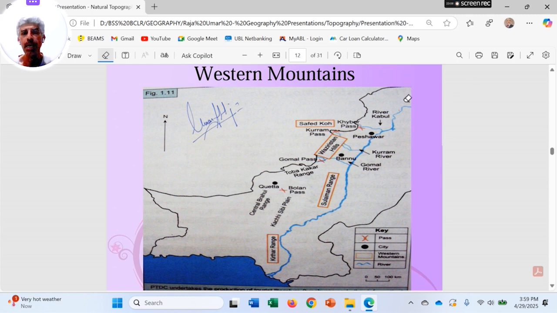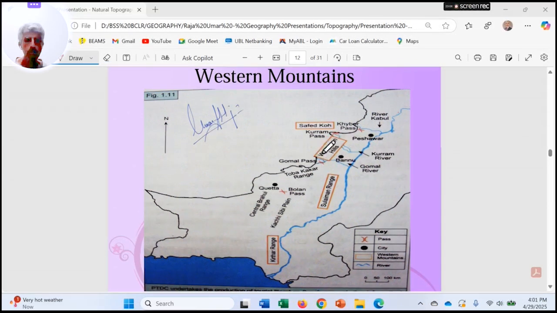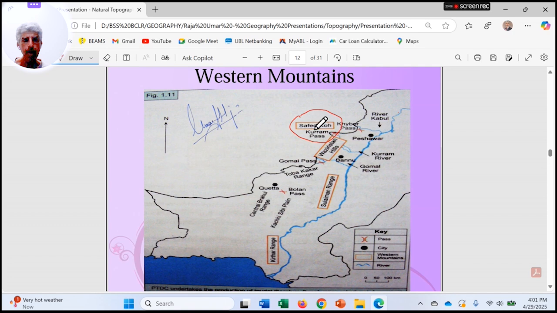The one we are talking about is the Western Mountains. So the location: Safed Ko, Waziristan Hills, Suleiman range and Kirthar range.